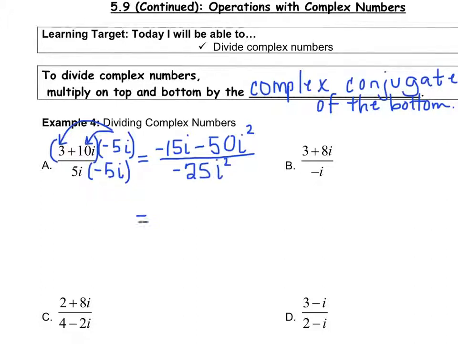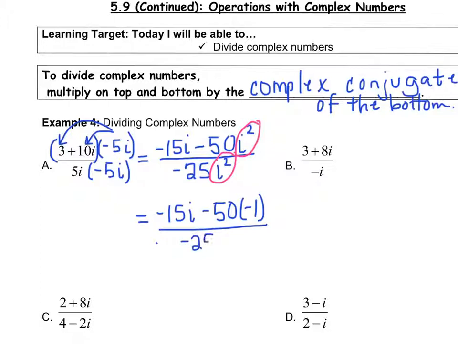All right, let's simplify. We for sure can replace those i squared with negative 1. So we'll have negative 15i minus 50 times negative 1. And we'll have on the bottom negative 25 times negative 1.